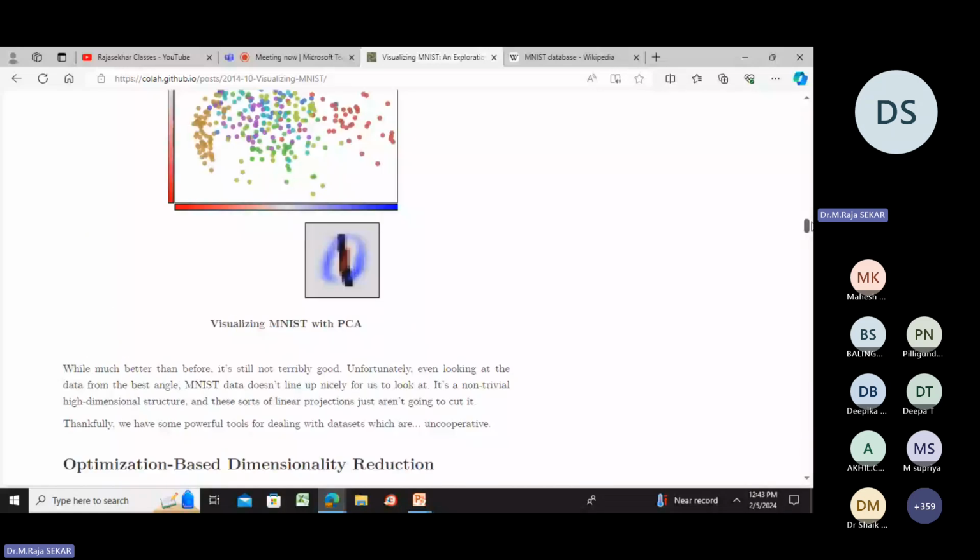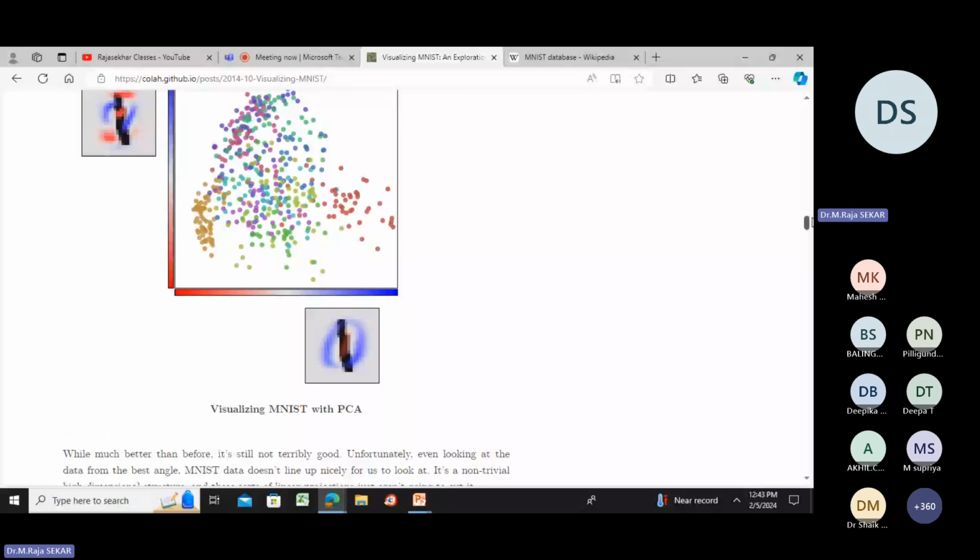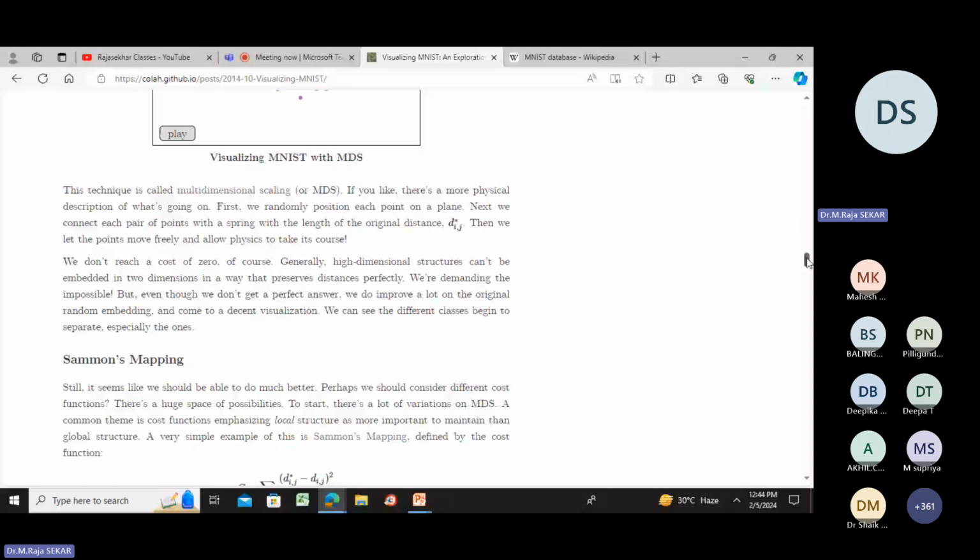Just see here, visualizing MNIST with PCA. Just see our output. There is so much overlap. There is so much overlap in the case of MNIST. But in the case of t-SNE, after some stage it will settle down.